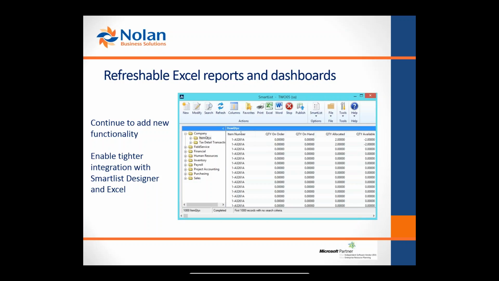Now with 2015 onwards we can add some new functionality to do with the Excel reports. Previously you could have SQL Server Reporting Services reports and a number of Excel reports that could be installed as part of the reporting tools wizard.